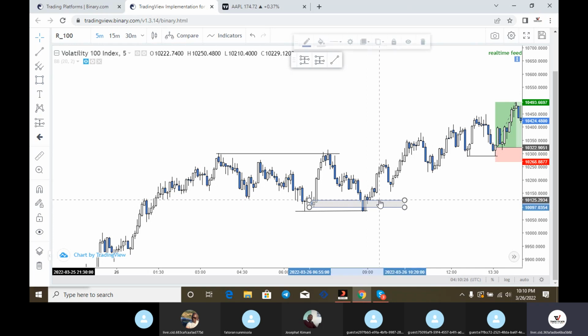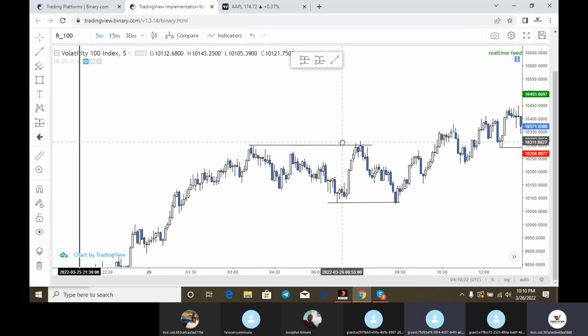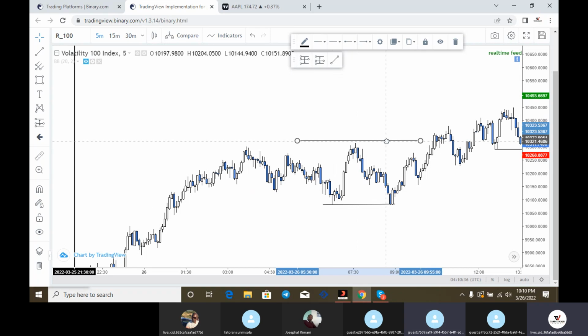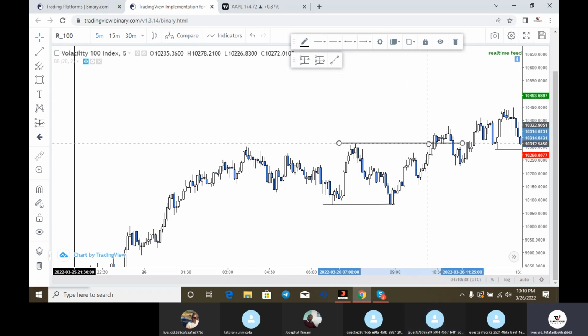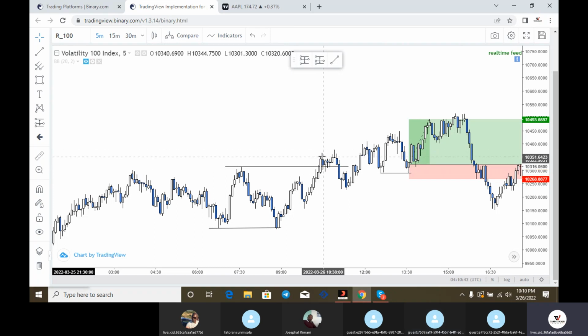Now we can say this is a good break of structure. If you are not good with market structure, don't worry, there will be a class for it. So now we have the body of this candle breaking this high, and so where did the move start from? The move started from here, right? And so this was another OB we can mark out.